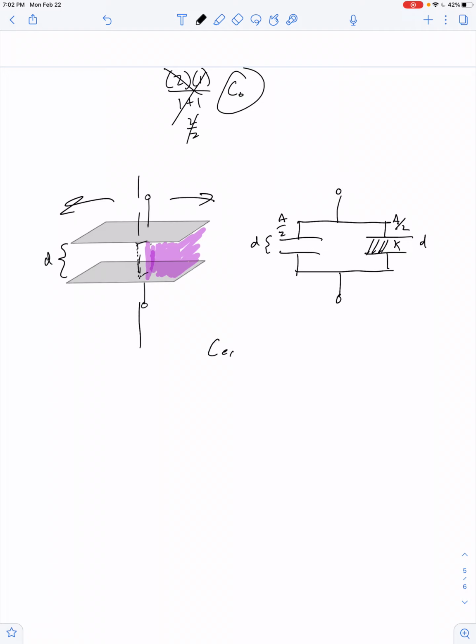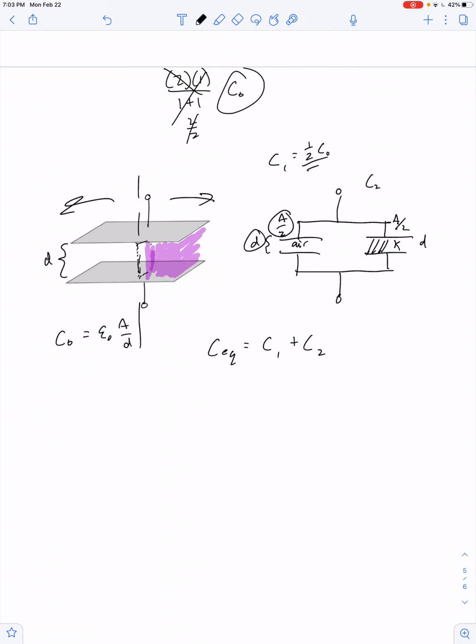So the equivalent capacitance would just be equal to C1 plus C2, where C1 is equal to 1/2 of C naught, right? Same distance, filled with air, but half of the area. So half of the original capacitance that was epsilon A over d.